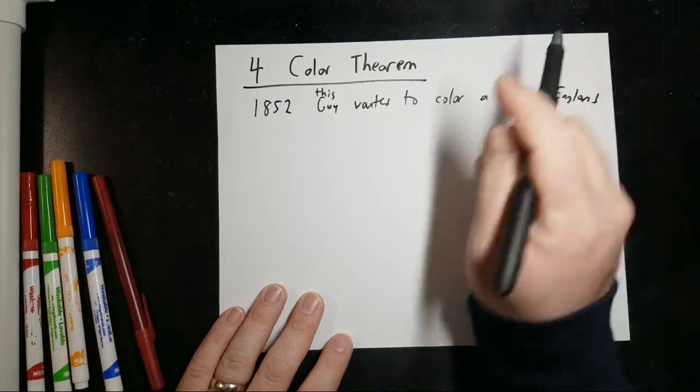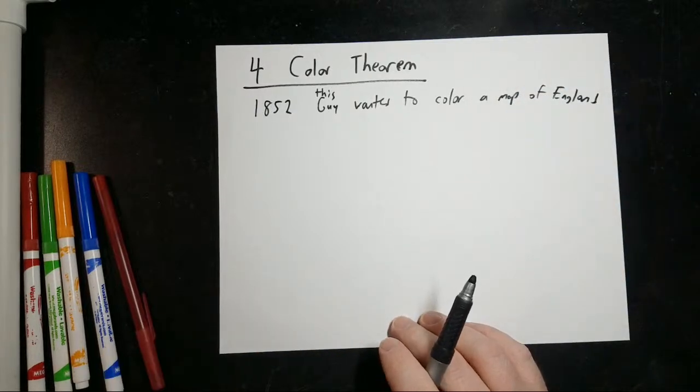There are all these different counties in England, and he was coloring them, and he wondered to himself, what's the least number of colors that I could use where no two colors are sharing the same border? And he took this idea in question to his brother, who was working at university at the time, and they ended up publishing a paper on it shortly thereafter.